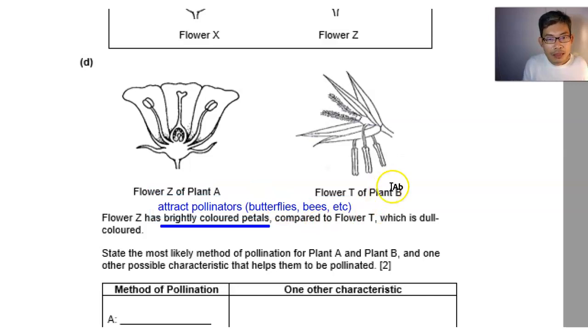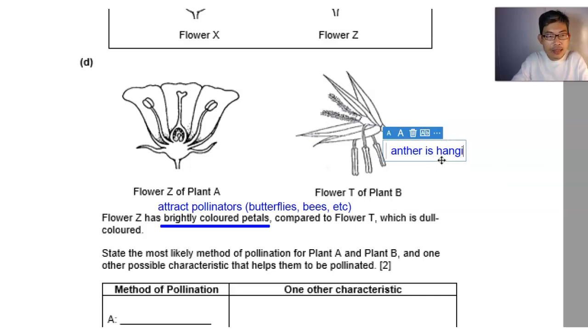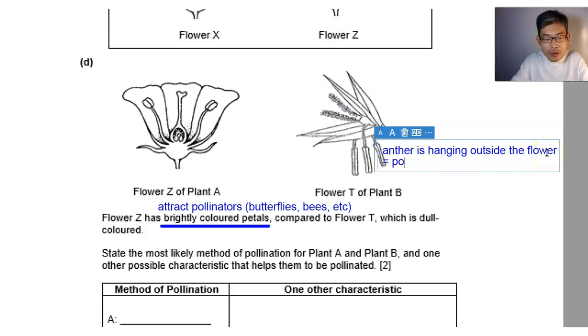Compared to flower B, now this one has features where you notice the anther is hanging outside the flower. And this feature, this characteristic, right, tells you this is pollinated by wind.